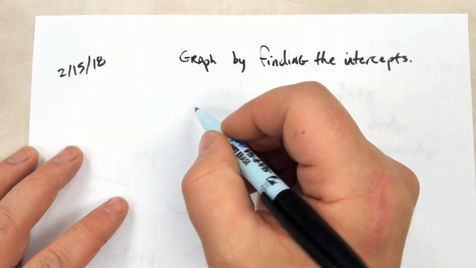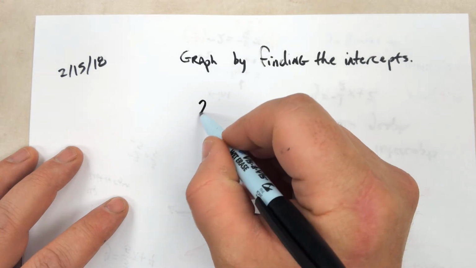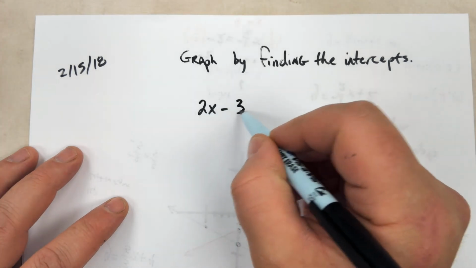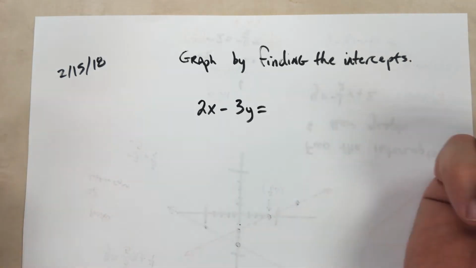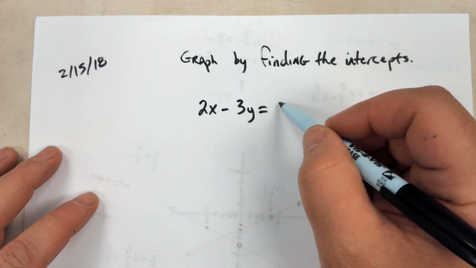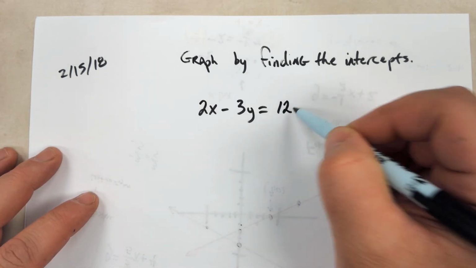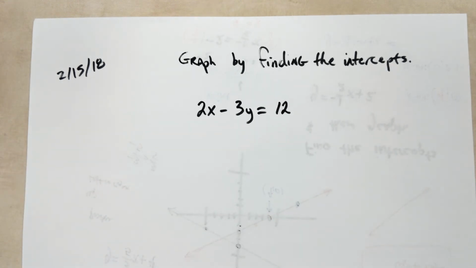Okay, ready? Let's say we had 2x minus 3y equals, let's make it something not too bad, like 12. Now you see this one's not in slope-intercept form, so you couldn't graph it with shortcuts.